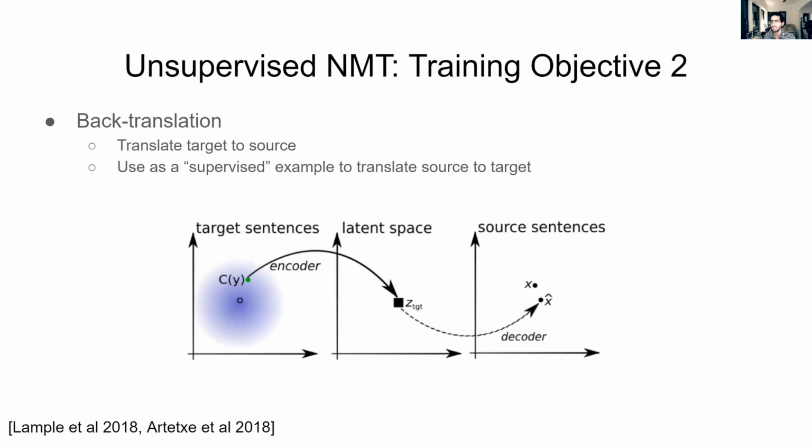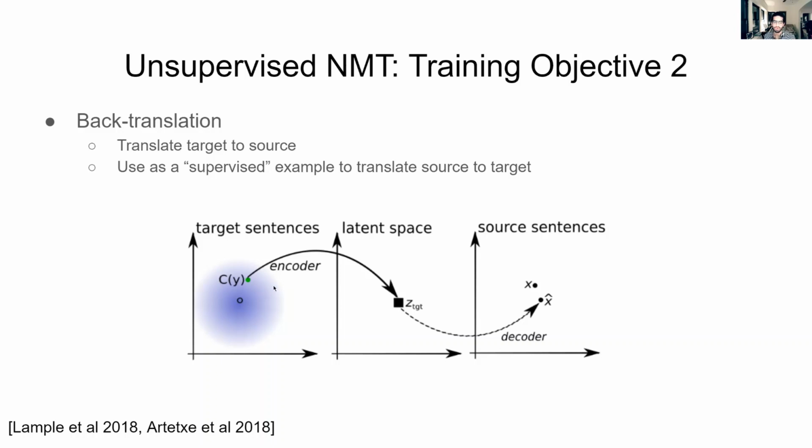The second thing you need to teach the model is to do cross-lingual transfer. That's done through back translation, like we discussed. So it's the same principle as before. You translate your target sentence to source, and then you have a source-target pair where the source is noisy because it's been translated. You start with the real target, and you train the model to translate this noisy source to the real target.